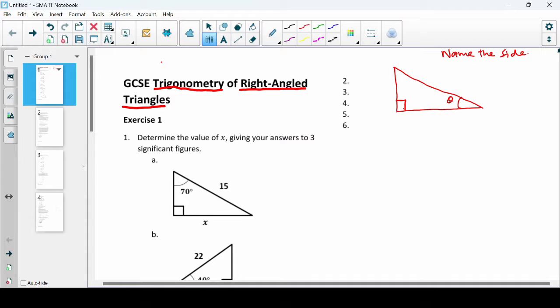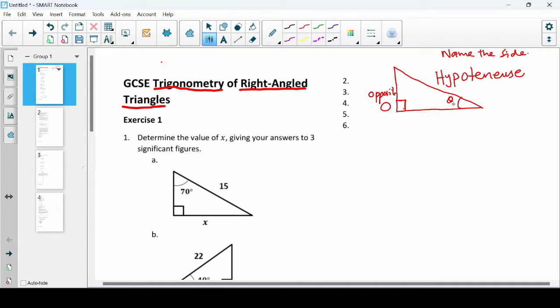The side which is in front of this angle, the angle other than the 90 degree, is called the opposite side, and it's denoted by O. The longer side of the right angle triangle is called the hypotenuse.